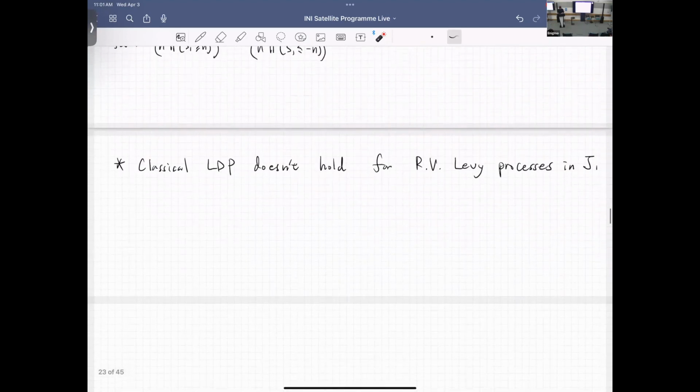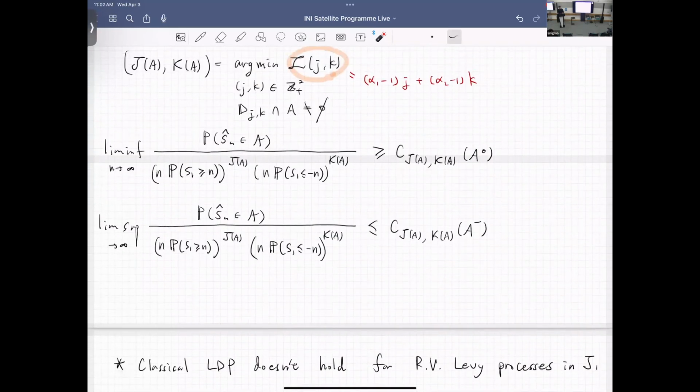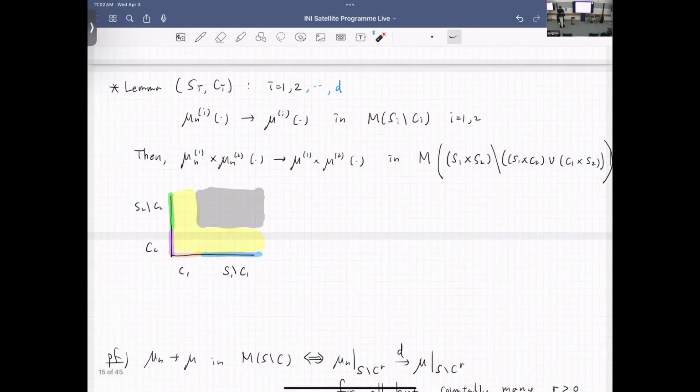Is it possible to change the topology? Yes, if you weaken to the M1 topology, you do have bounds. So if you use M1, what do we lose then?